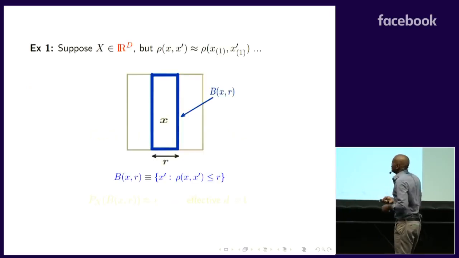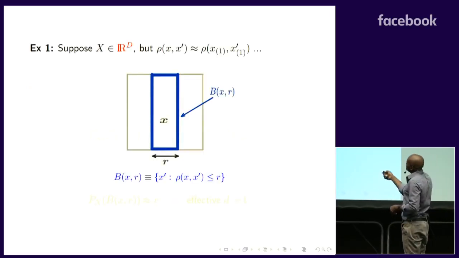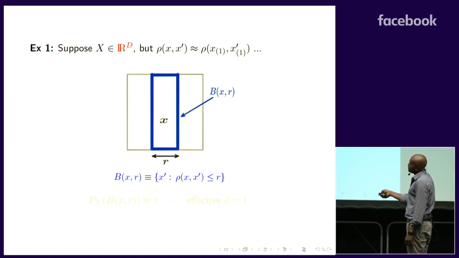When we say a ball, how do we define a ball? The ball in terms of this metric is all the points, the ball centered at X of radius R, is all the points that are distance at most R from X. Because the metric ignores this dimension and only cares about this dimension, the ball looks somewhat like this.